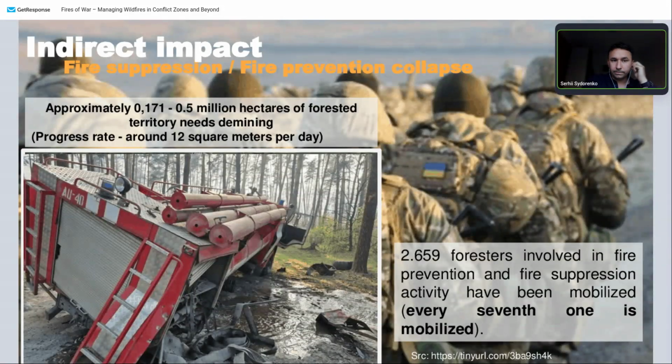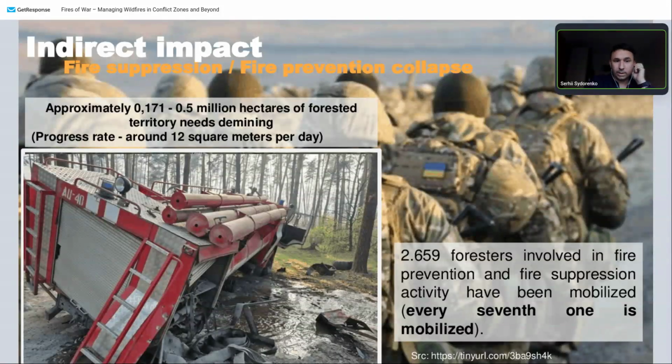Now we move to factors that contribute to fire suppression and fire prevention collapse. And as you see on the previous maps, almost 25% of the territory was temporarily occupied by Russians. Some of this territory was liberated, some is not, but on the liberated territory, we have approximately from 0.17 up to 0.5 million hectares of forested territories that will need demining.